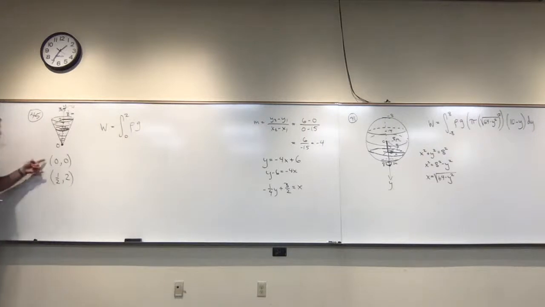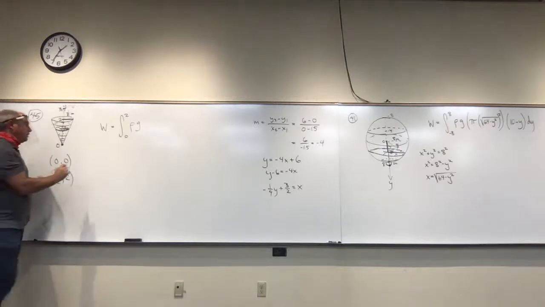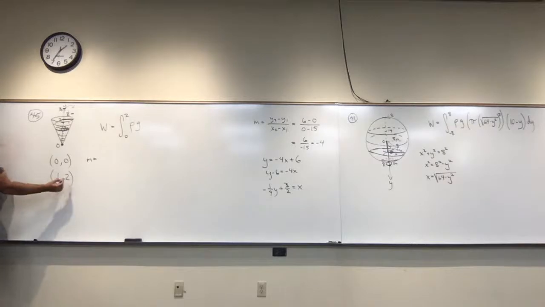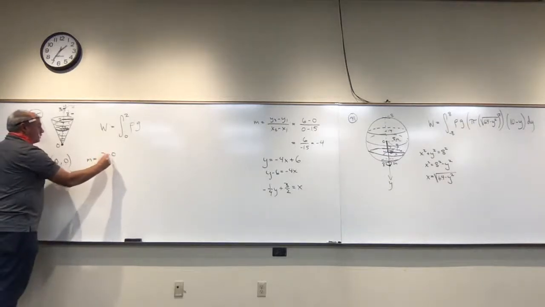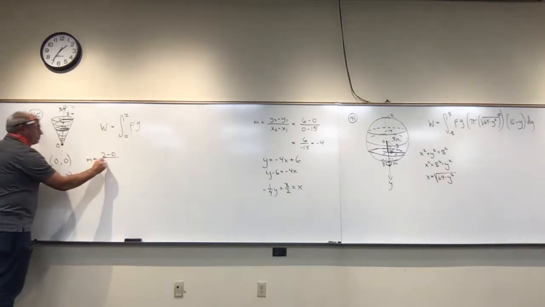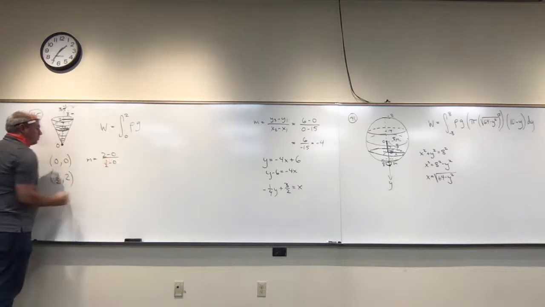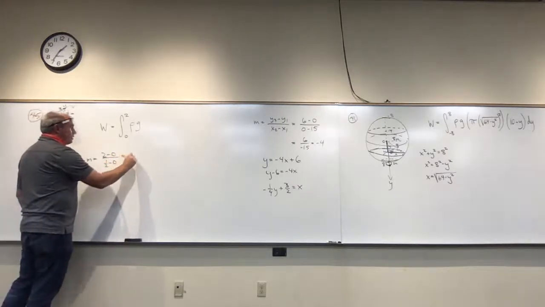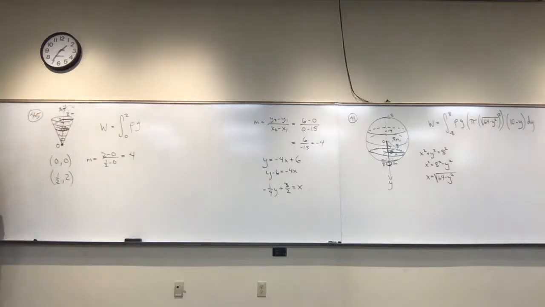Now I have 2 points on a line, so I could find the equation of that line. The slope m is y2 minus y1 over x2 minus x1, so it's 2 divided by 1/2, otherwise known as 4.